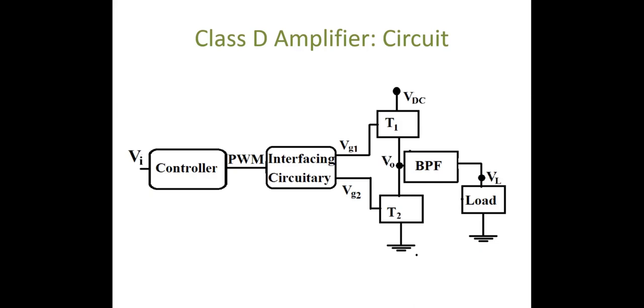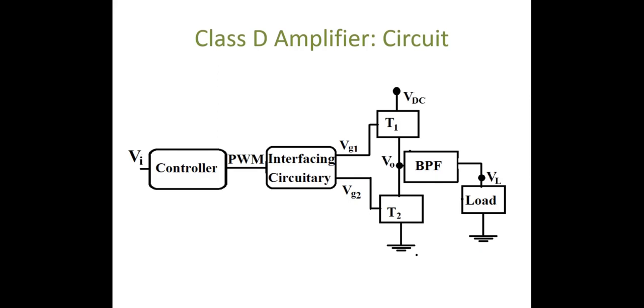So here is the class D amplifier circuit that we discussed earlier. The PWM signal controls the transistors T1 and T2 through an interfacing circuitry, and then the V naught, which is the output of this transistor circuit, is connected to load through a band pass filter.